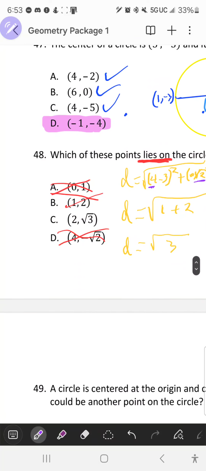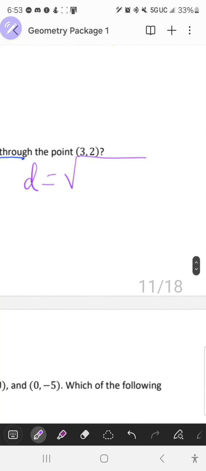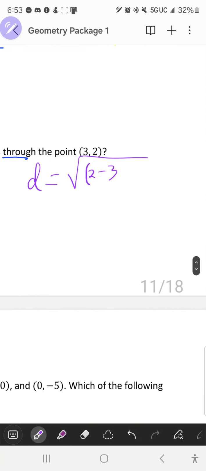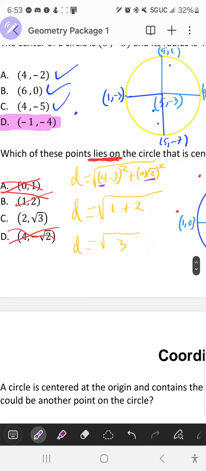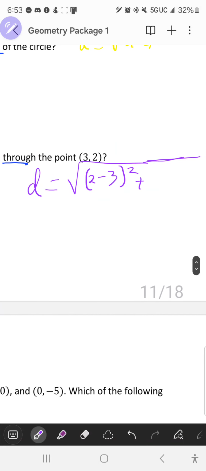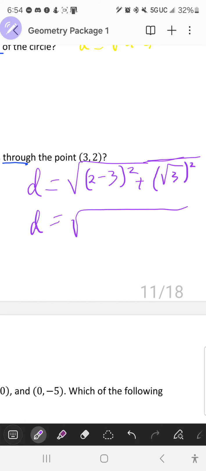That will be 2 square root of 3, so 2 minus 3 squared plus 0 minus square root of 3 is just square root of 3, so square root of 3 squared. D equals 2 minus 3 is negative 1, but negative 1 squared is just 1.